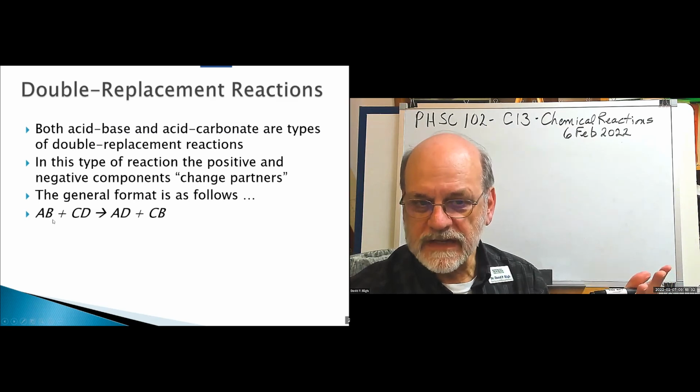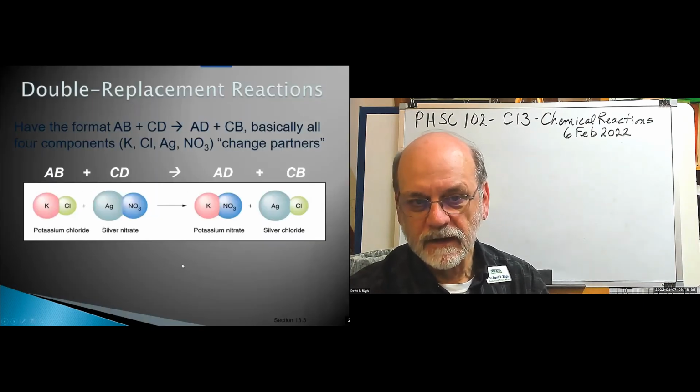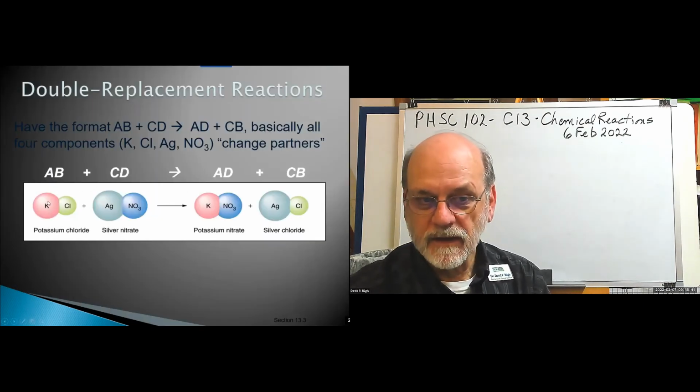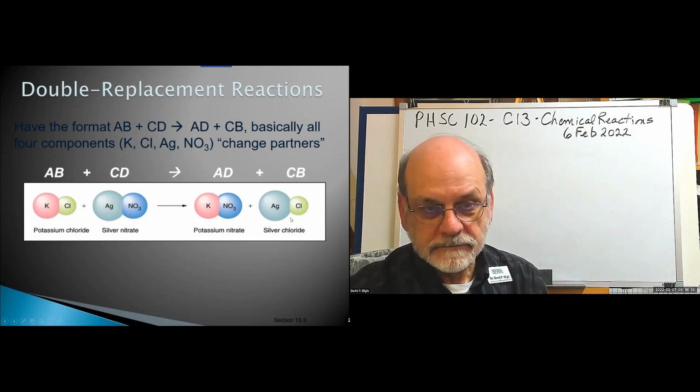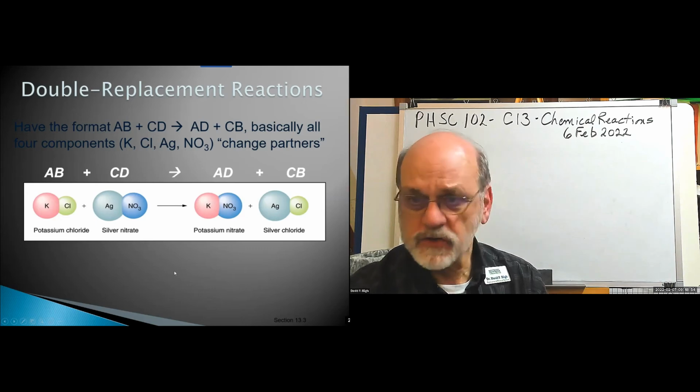So A goes with D and B goes with C. That's a double replacement reaction. And here's an example. Potassium chloride and silver nitrate. When you put those two together, you get potassium nitrate and silver chloride. They just swap partners.